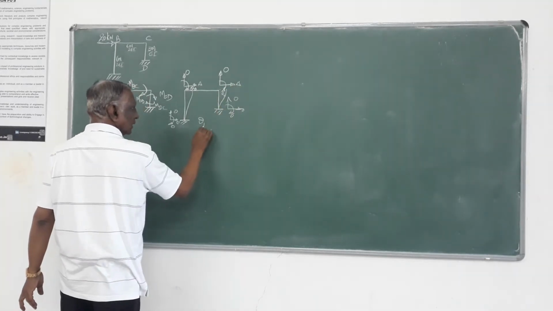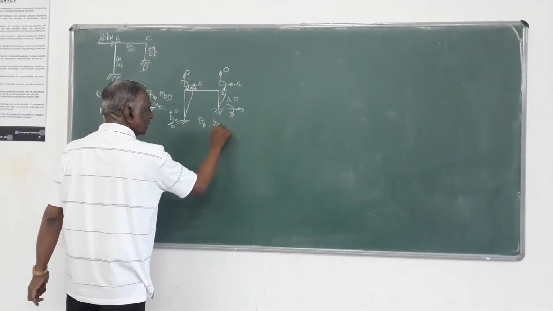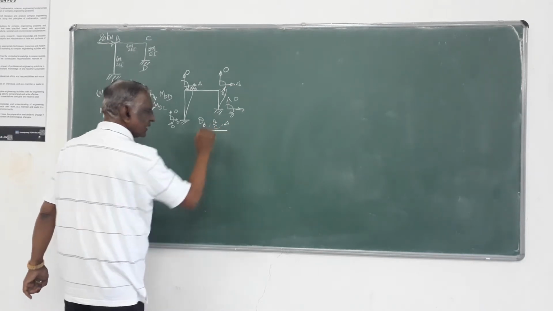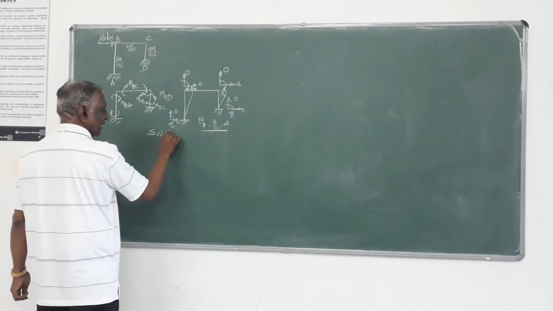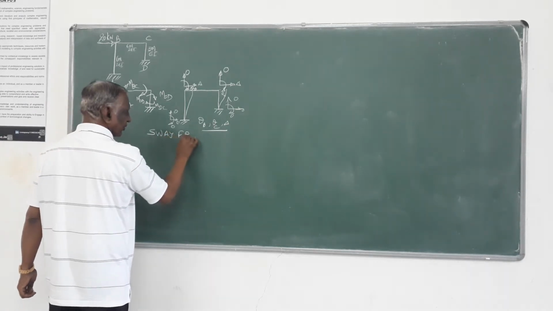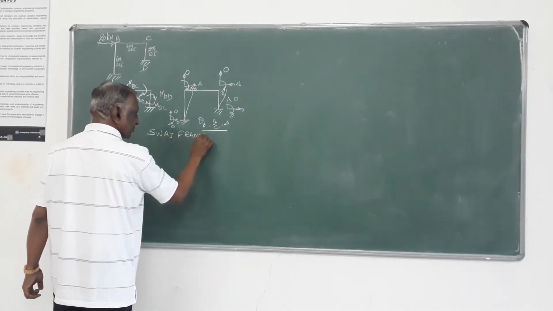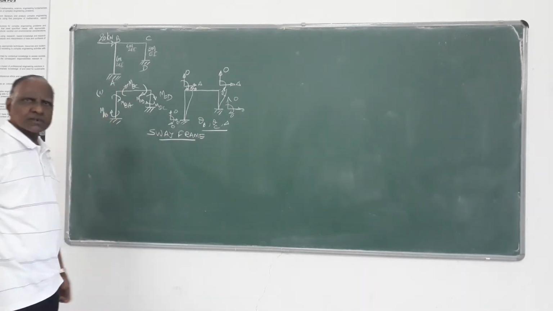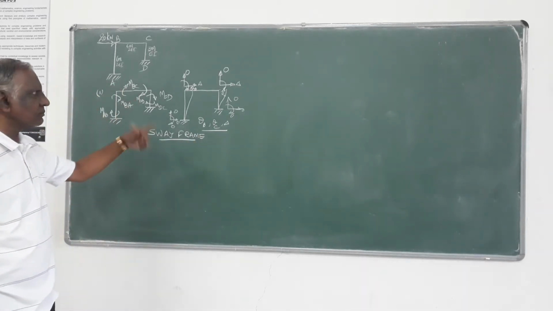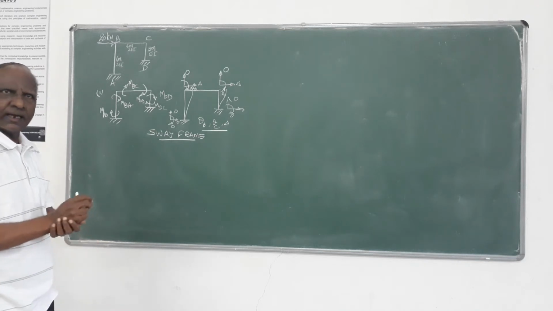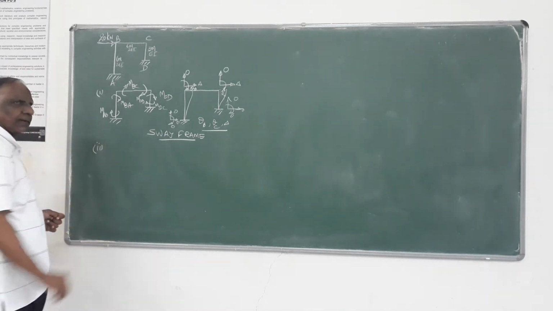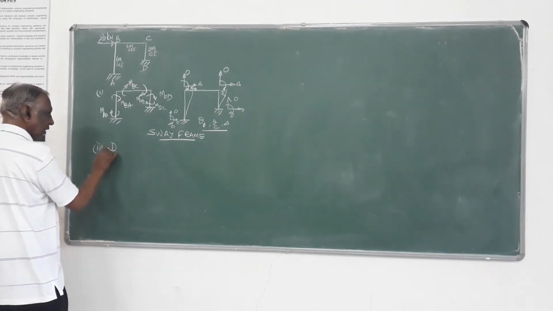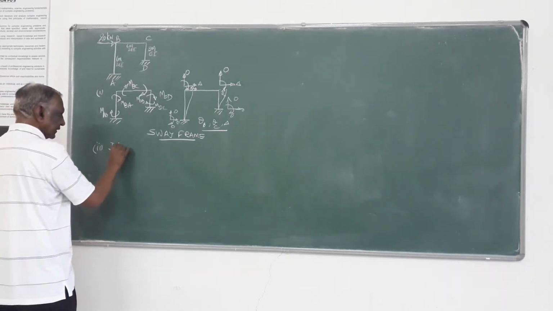So the unknown displacements are theta B, theta C and delta, and hence this is a sway type of frame. Since it is a sway frame, by moment distribution you have to do the moment distribution analysis two times. That we will see. Next, second step, distribution factors.